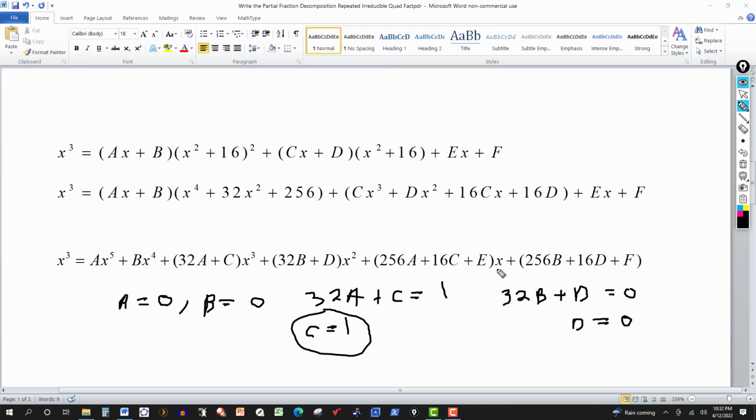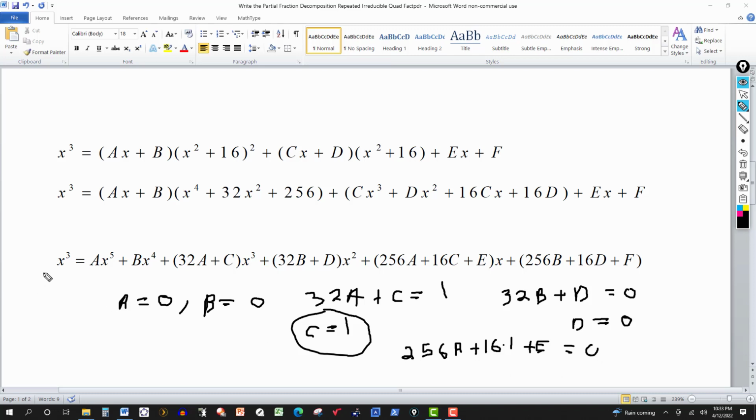And then we go to the next one. In front of x, I have 256a plus 16c plus e. And there's no x on the left side, so that means the coefficient has to be 0. So that tells me that 256a plus 16c, and remember, c is equal to 1, let me just put a 1 here, replace the c by 1, and then plus e, has to equal 0.